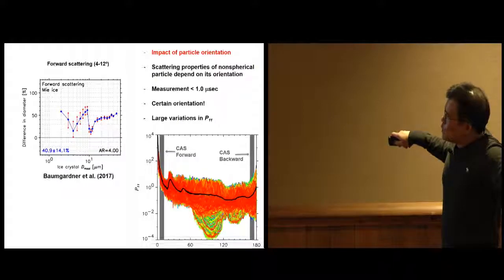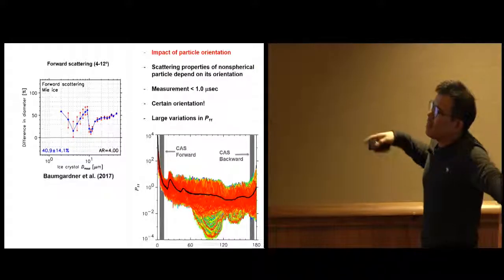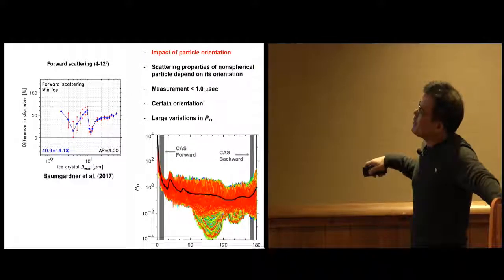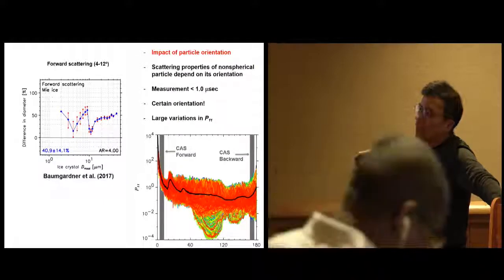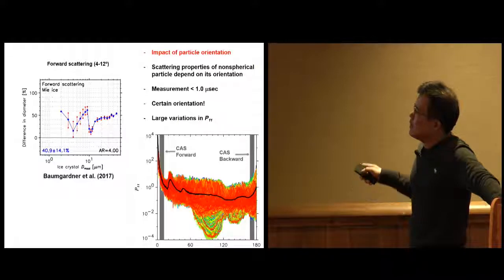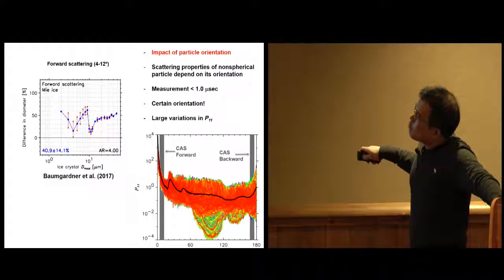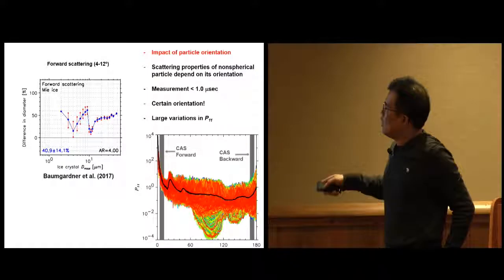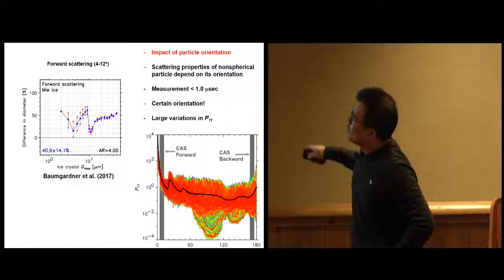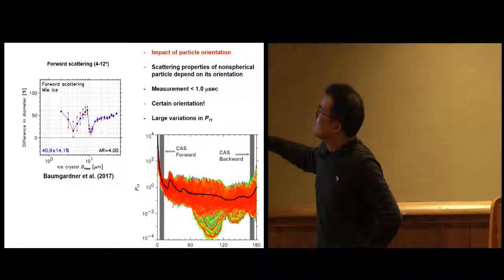This figure shows 10,000 different orientations of ice crystals and their scattering phase functions. Each different color indicates an orientation, and this thick black line is the orientation average. That is what we used to calculate these figures.